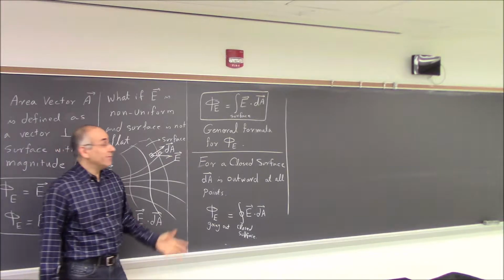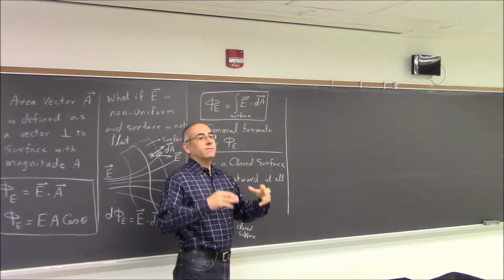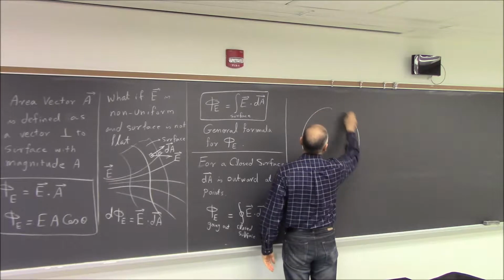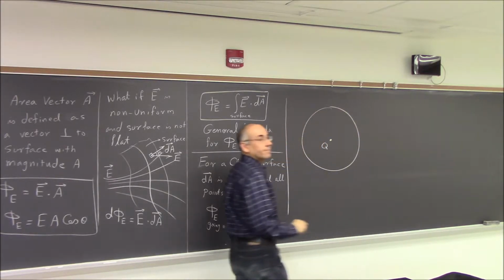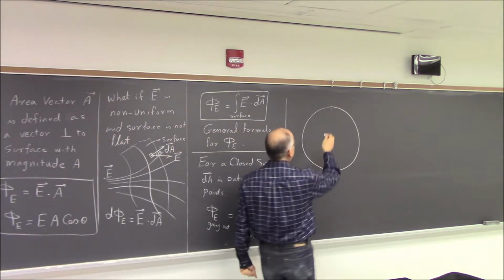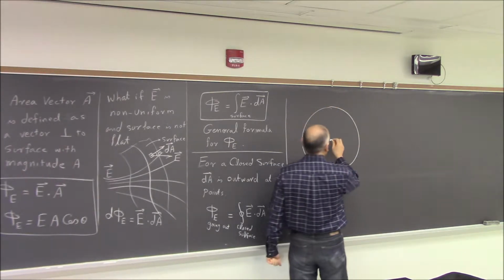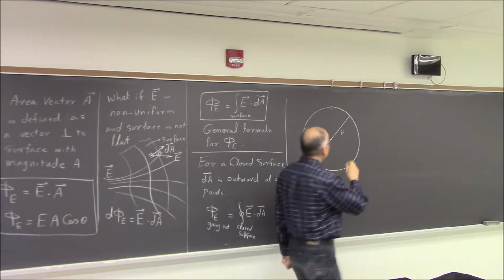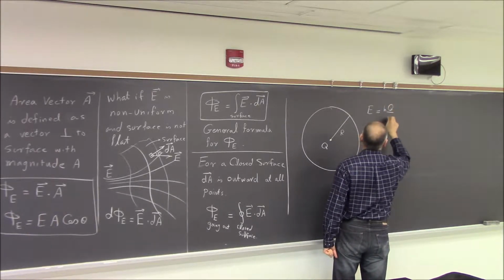Now you know, for example, if you have a point charge at the center of a sphere, we can calculate how much flux is going through the sphere. Let's say we have a sphere and we have a point charge Q inside at the center. And you know what kind of electric field the point charge creates around itself. So at any distance, particularly at distance r here, the magnitude of the electric field is kq over r squared, right?